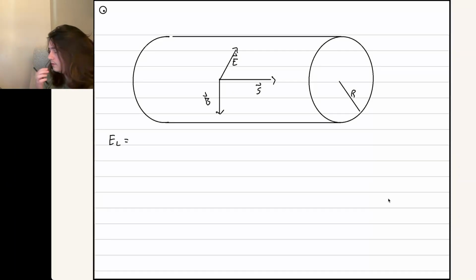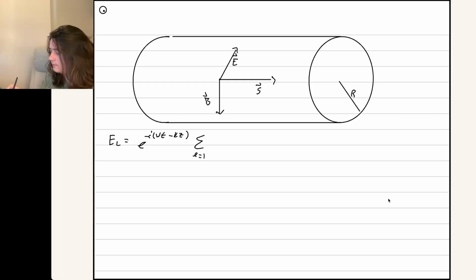When you do that, you have to start with your longitudinal electric field. That is the electric field that's pointing along the z-axis. So you're going to have a decay piece, which is e to the minus i omega t minus kz, and then you're going to have your expansion.